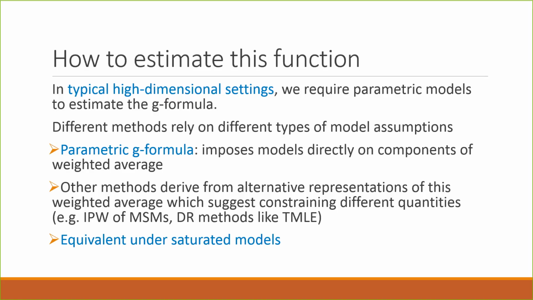Now, because we're dealing with time-varying confounding, to get at that same quantity, under no unmeasured confounding, we can get at it, but under a contrast of very complicated functions.